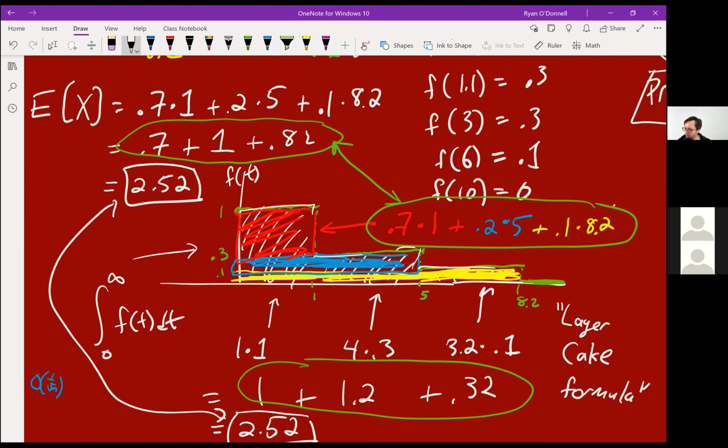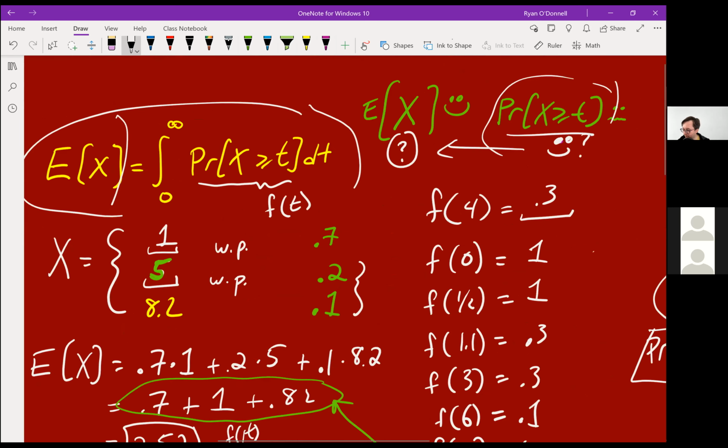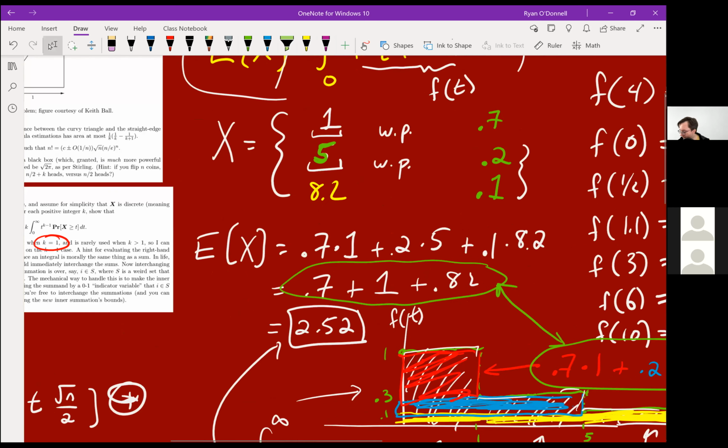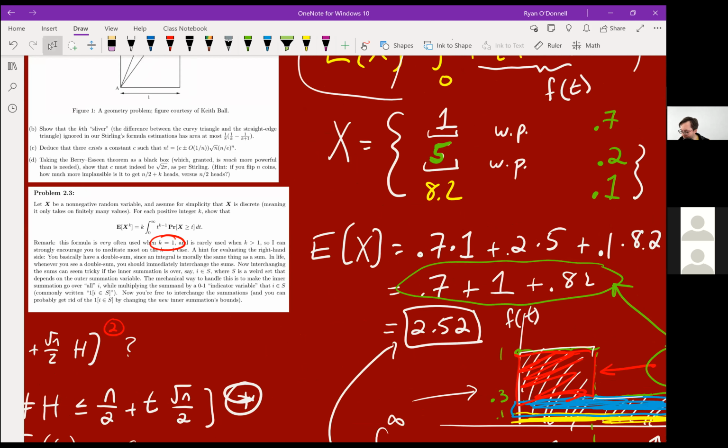Okay, so this was all about the case of k equals 1. K equals 2 is a little bit more interesting. But probably if you literally repeat this exercise exactly with k equals 2, you're computing the expected value of x squared.